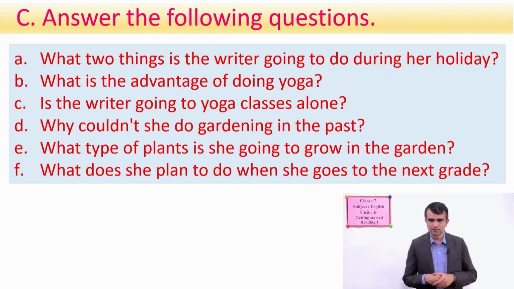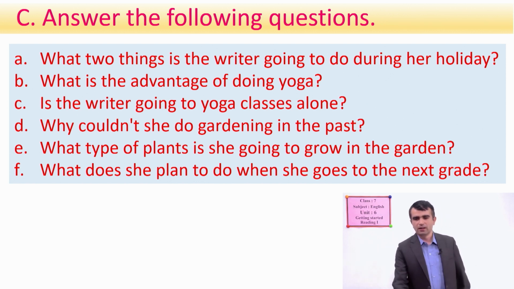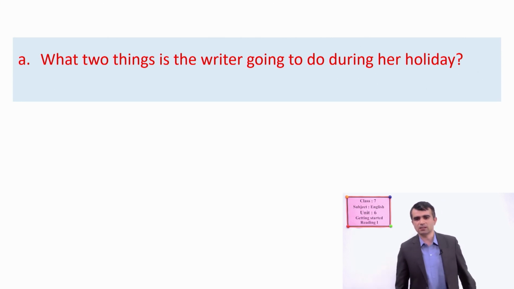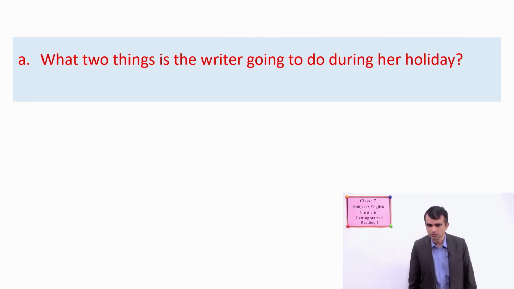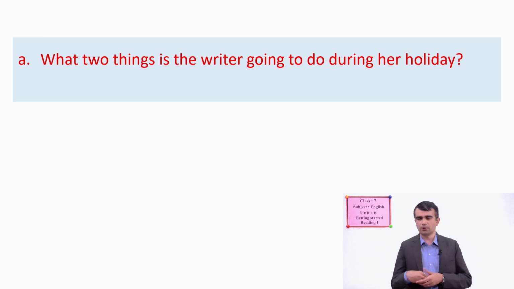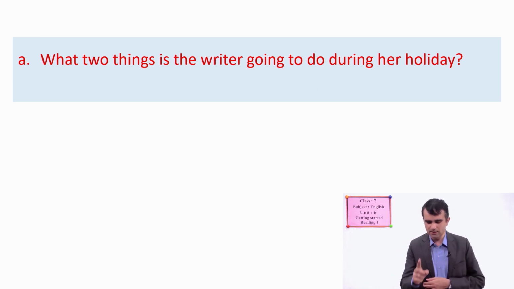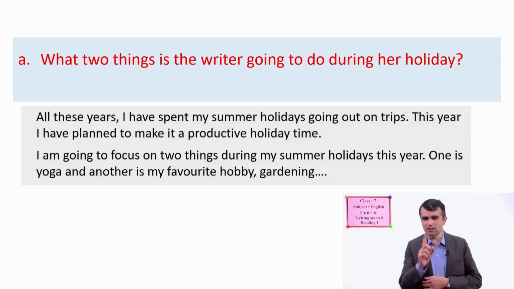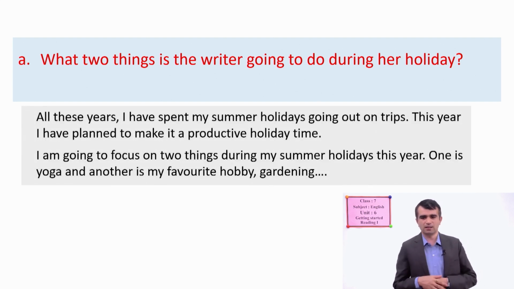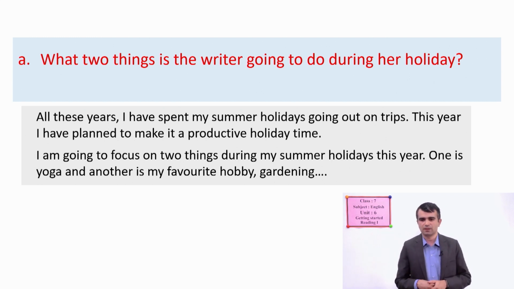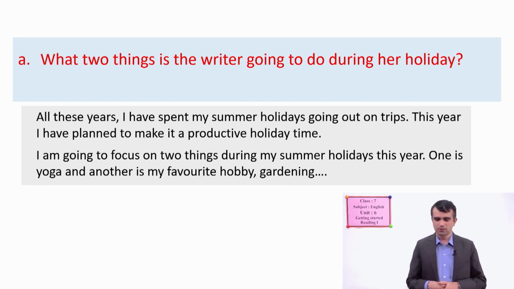Ready? Okay, now let's talk about the first question. What two things is the writer going to do during her holidays? What two things? Does she say so? Yes, she says. In the beginning she says. Find here. This is the first and beginning of second paragraph. Find there. What is the answer?